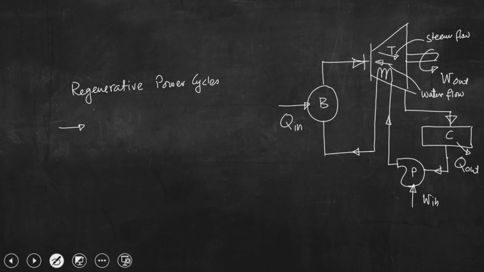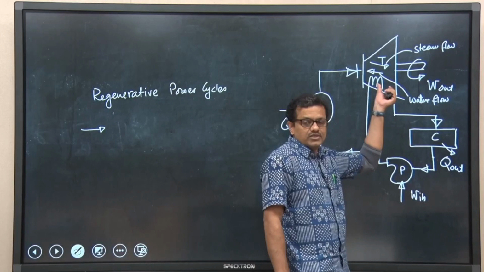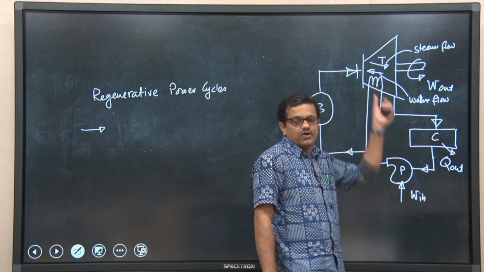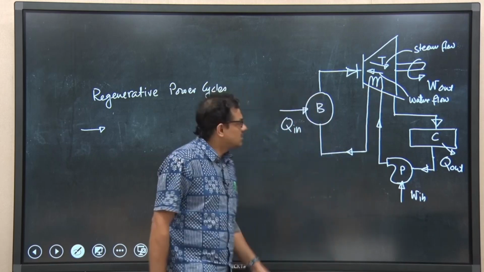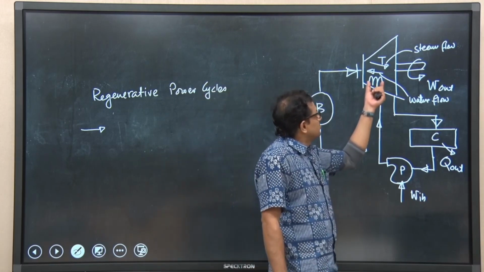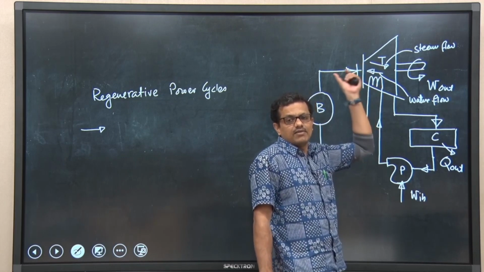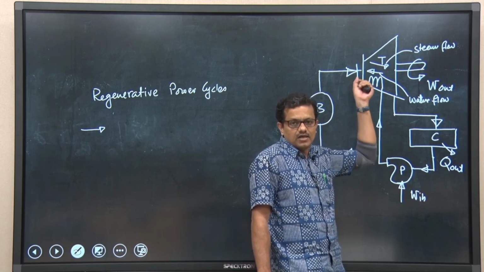So, instead of circulating this feed water through this coil which is placed inside the turbine, why can't we look for other avenues? The steam which is passing through the turbine has high temperature and high enthalpy.